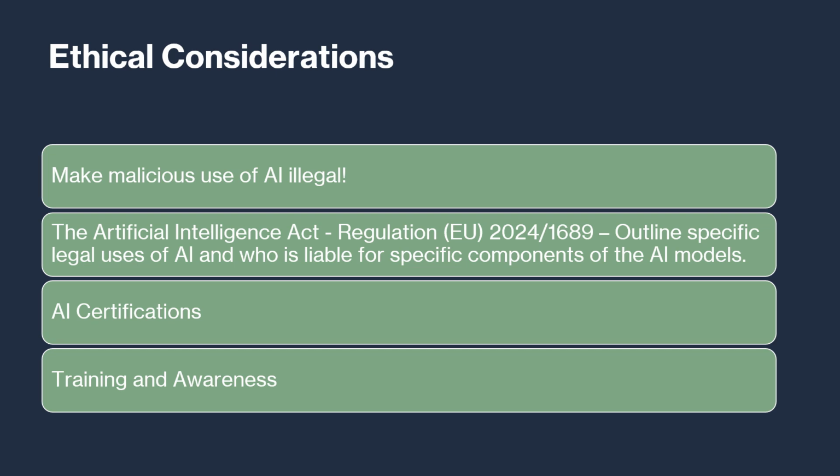And I have to emphasize globally, because the AI Act in the EU kind of outlines that. It gives specific legal uses of AI. Anything outside of that is not allowed. And it also says who is responsible if there is a violation. So, depending on the circumstance, it could be the user instead of the AI developer.